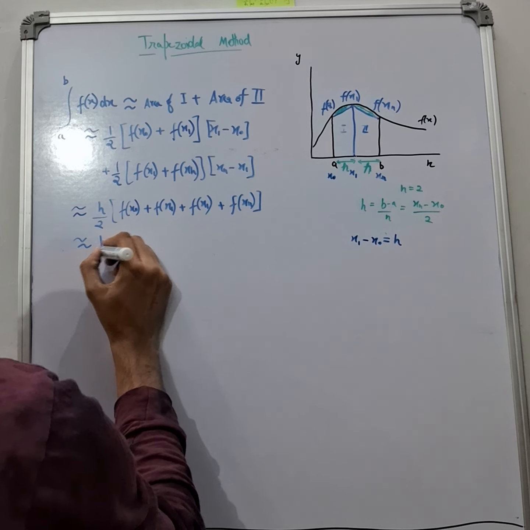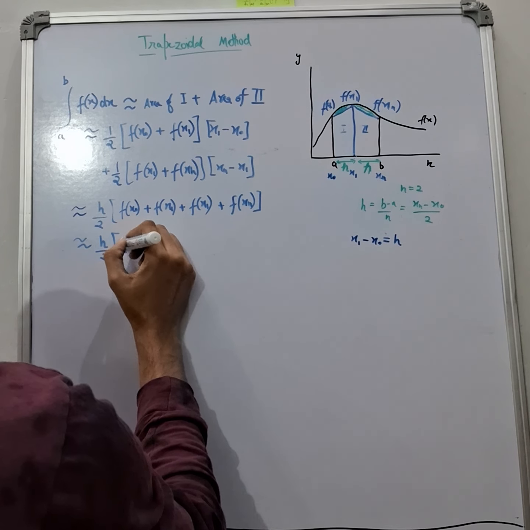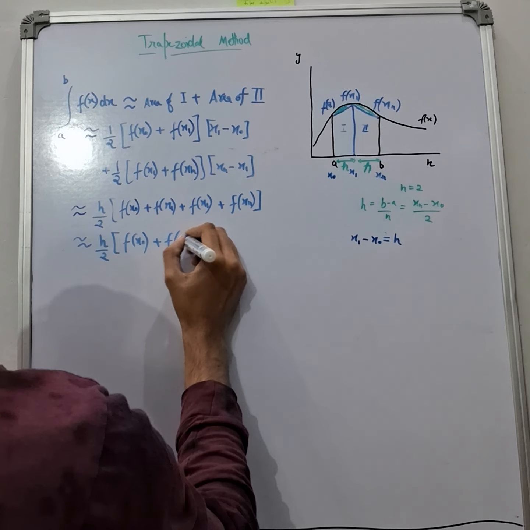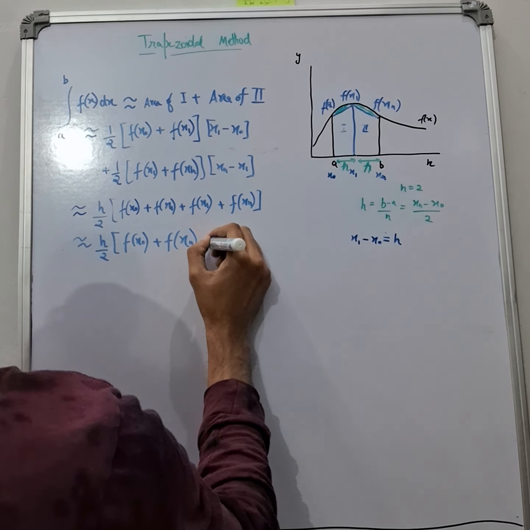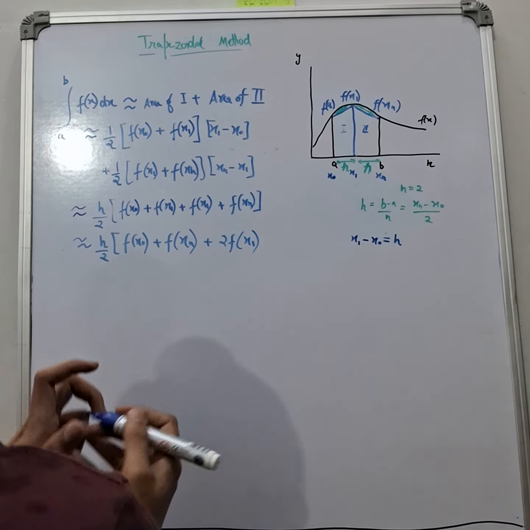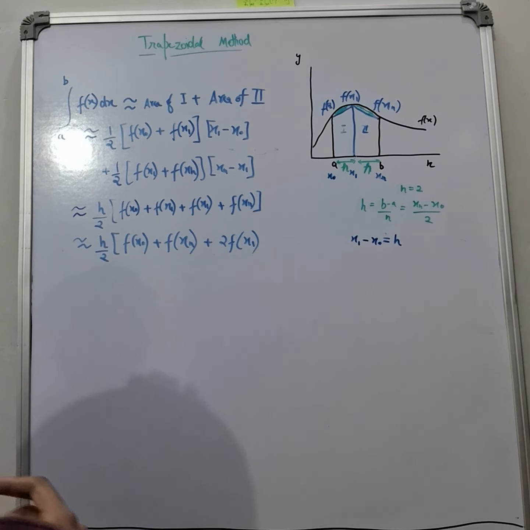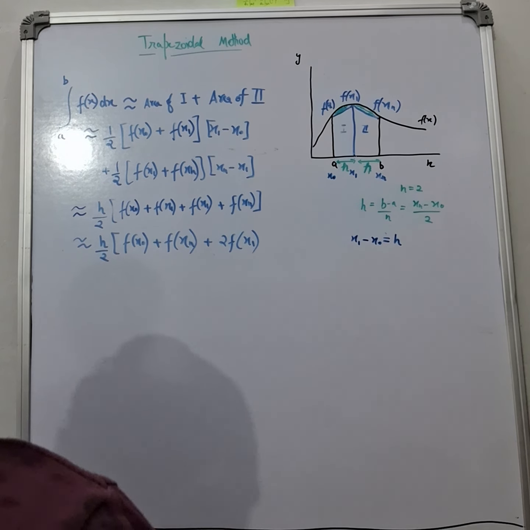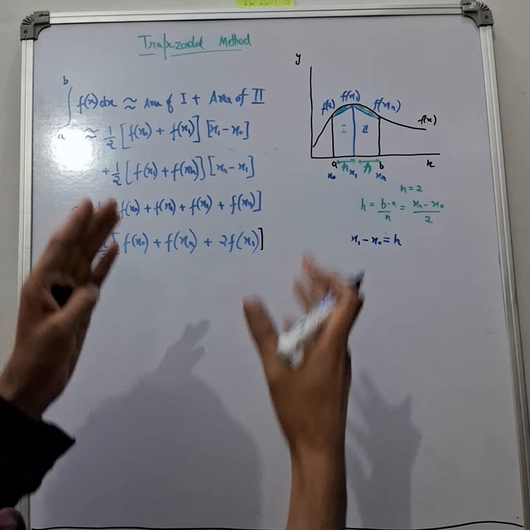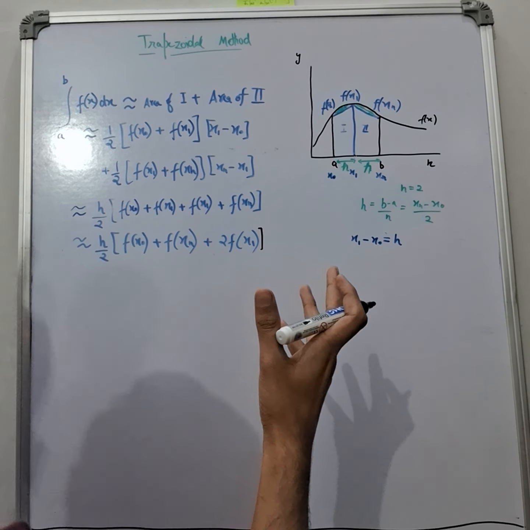You may write it like this: f(x0) plus f(xn) plus 2 times f(x1).